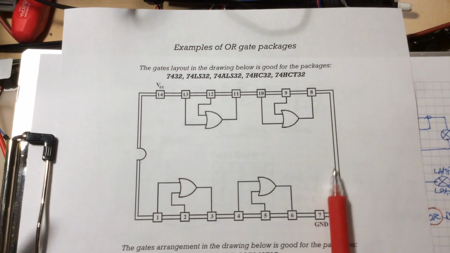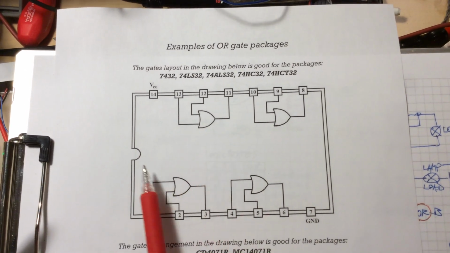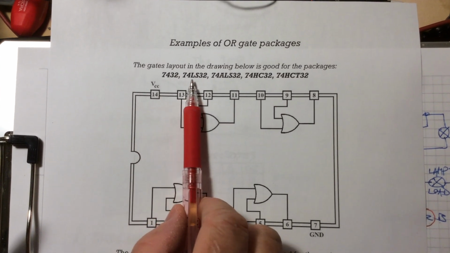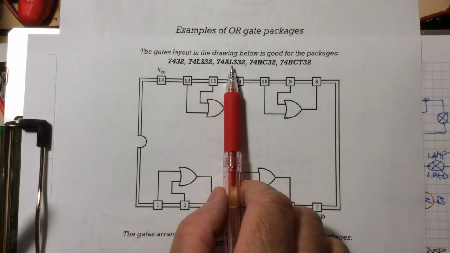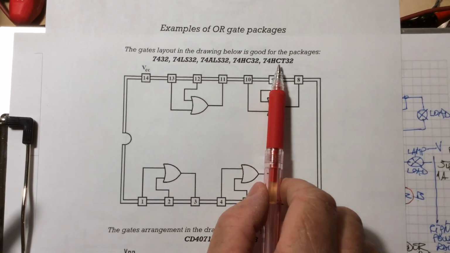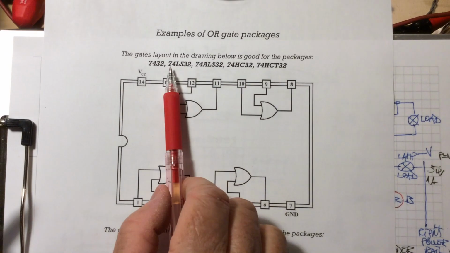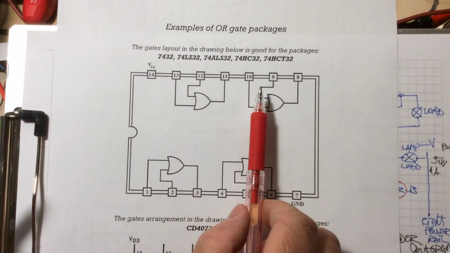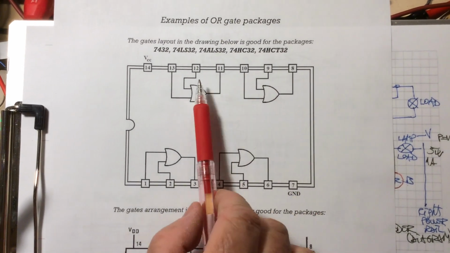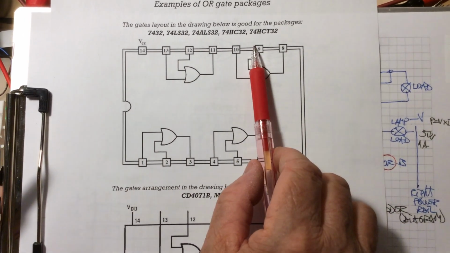So the package here in the top, the one we used, is the same pinout for 7432, 74LS32, 74ALS32, 74HC32, or 74HCT32. And the 32 everywhere is what? Is the number specifying you have 4 OR gates inside oriented exactly like that.